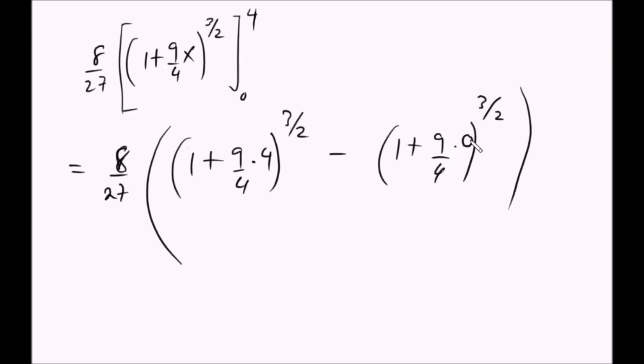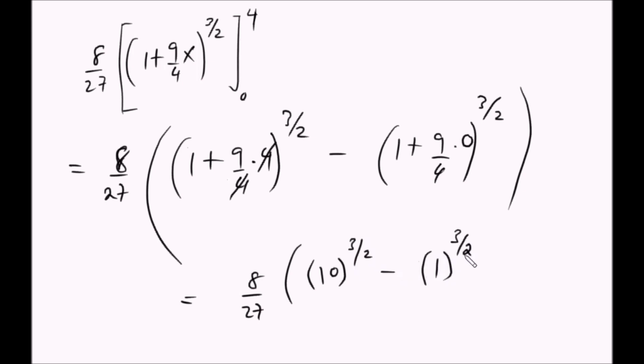So 9 over 4 times 0 is 0, and 0 plus 1 is 1. Here 9 over 4 times 4 is 9, and 9 plus 1 is 10. So we have 8 over 27 times 10 power 3 over 2 minus 1 power 3 over 2.